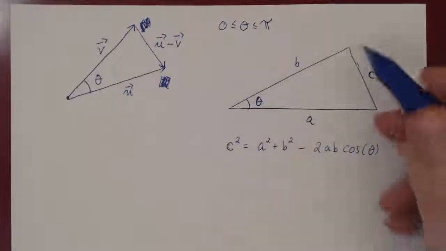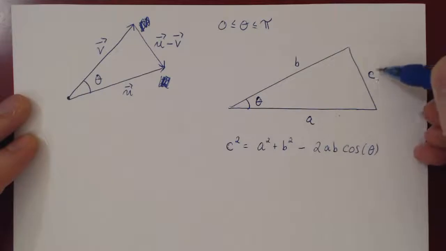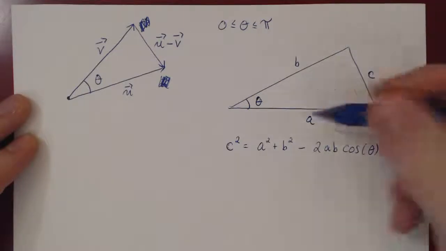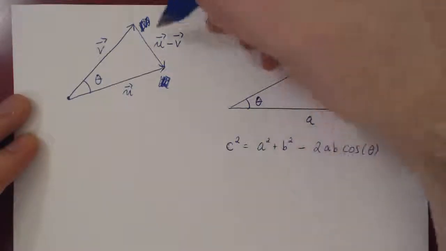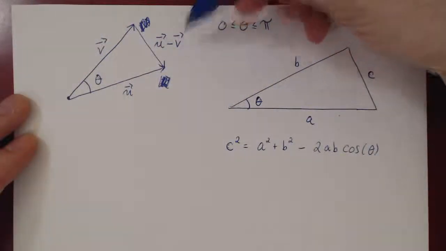Let's apply the law of cosines. So the length of the edge opposite to the angle squared, well, the opposite edge of theta is the vector u minus v.